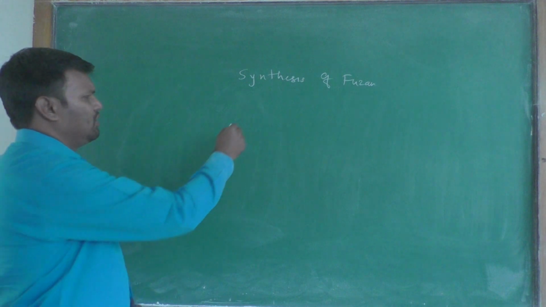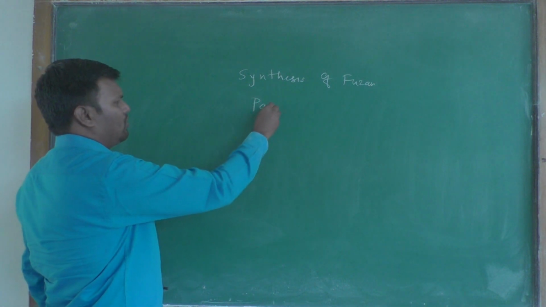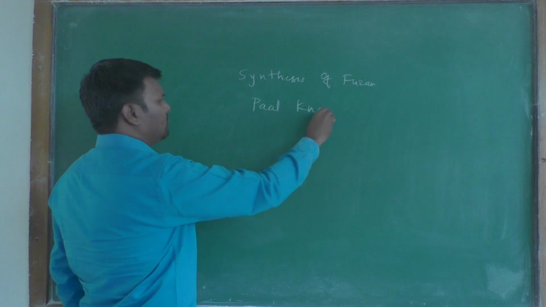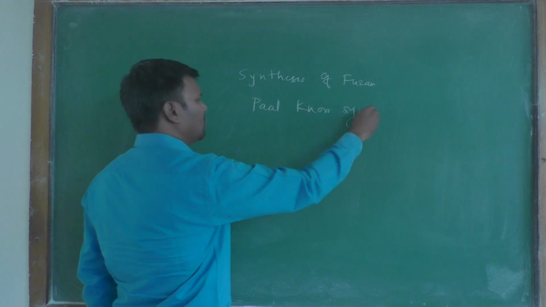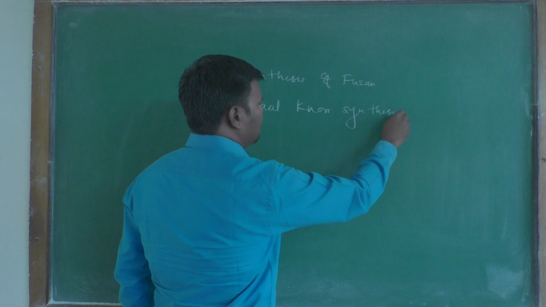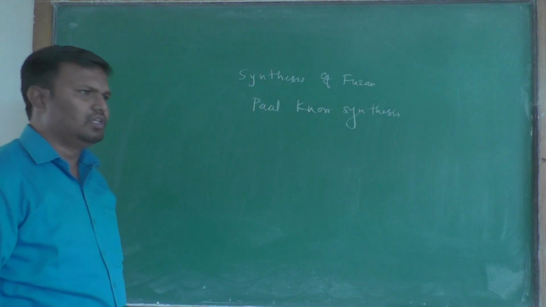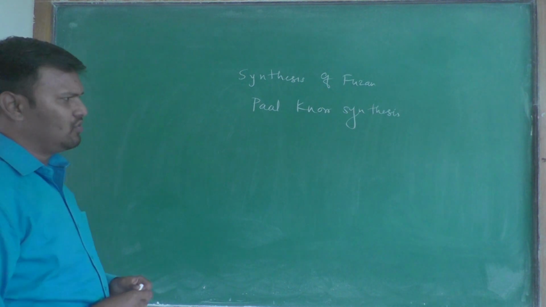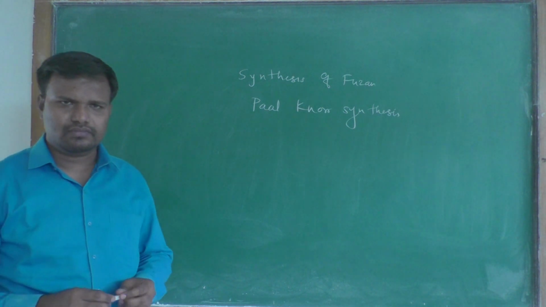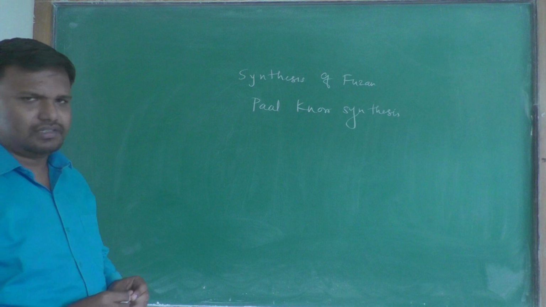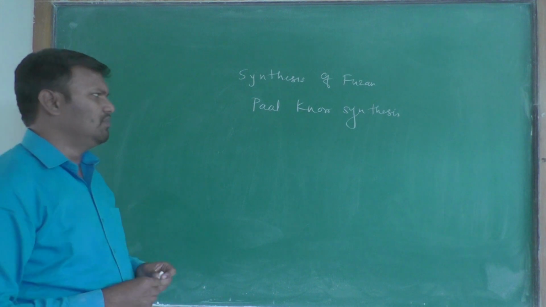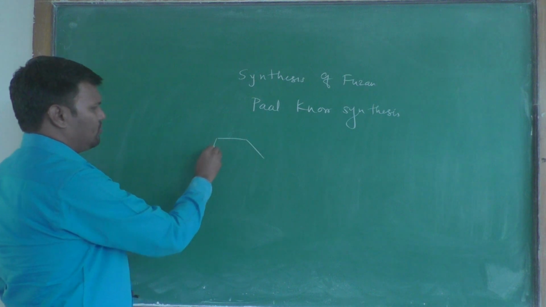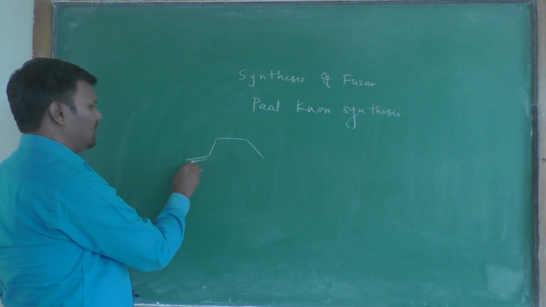The first method is the Paal-Knorr synthesis. In this synthesis, we will use a dicarbonyl compound, and in the presence of acid and a dehydrating agent, we will produce the furan. Firstly, we have the dicarbonyl compound.